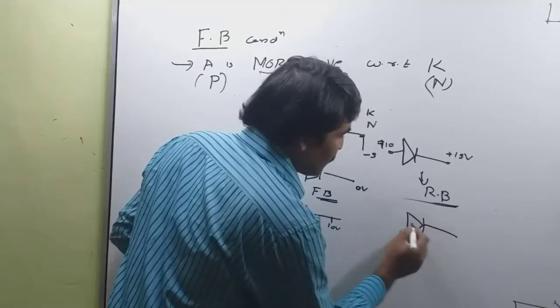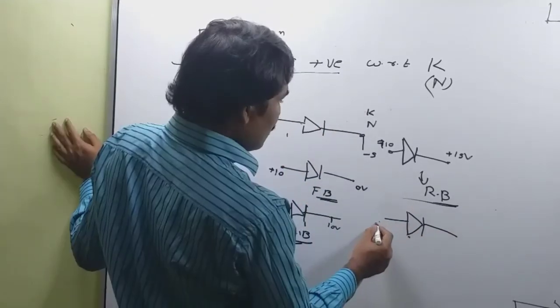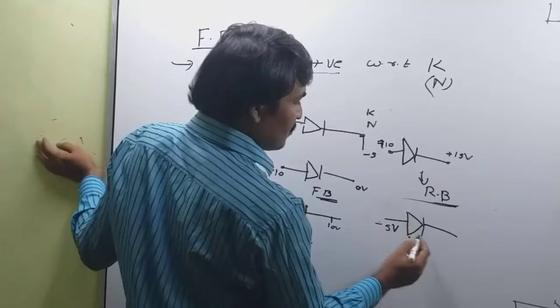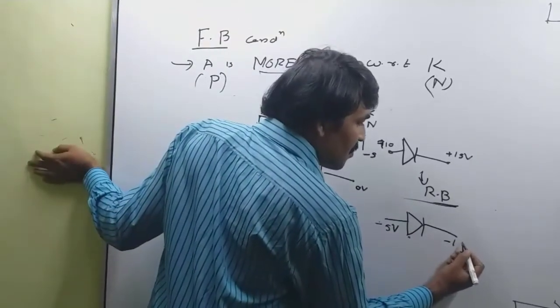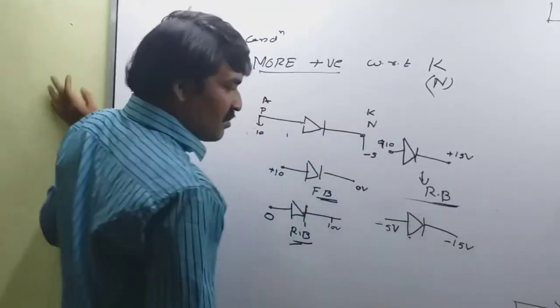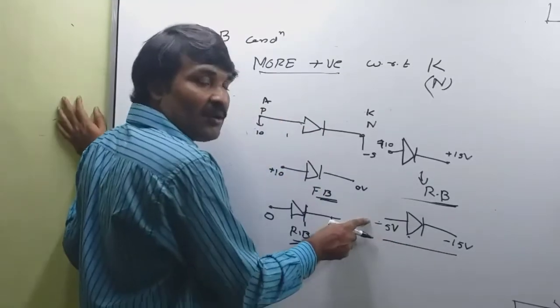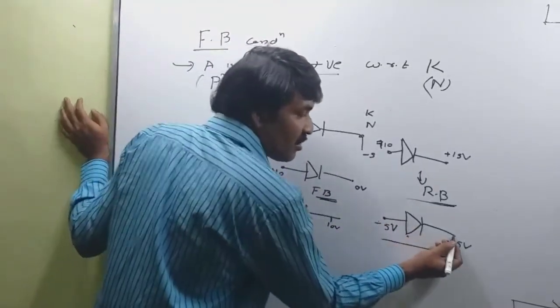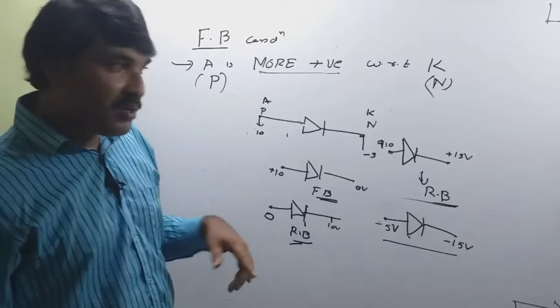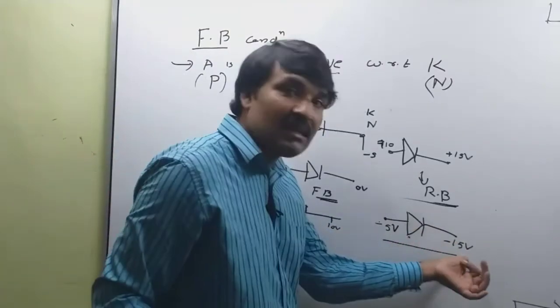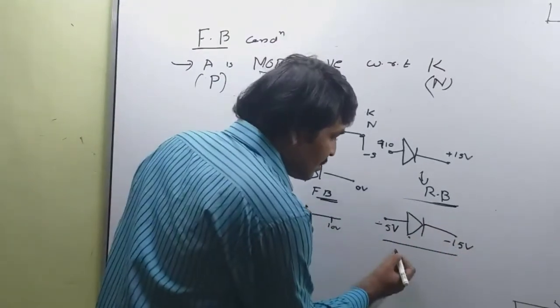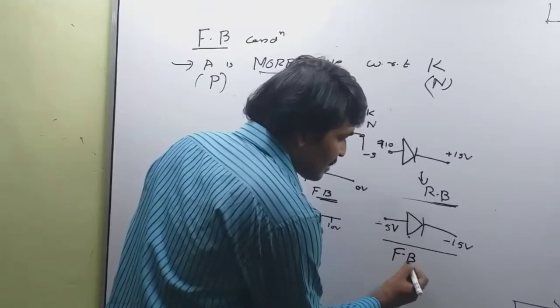Now I am giving minus 5 volt to the anode and minus 15 volt to the cathode. Here the anode is more positive with respect to the cathode, so this is forward biased condition.